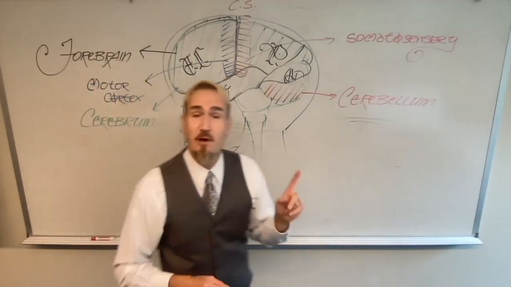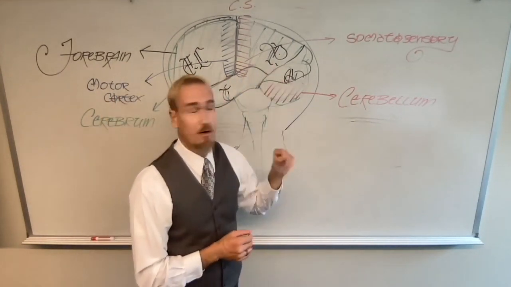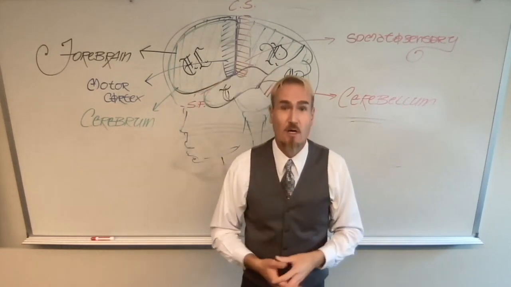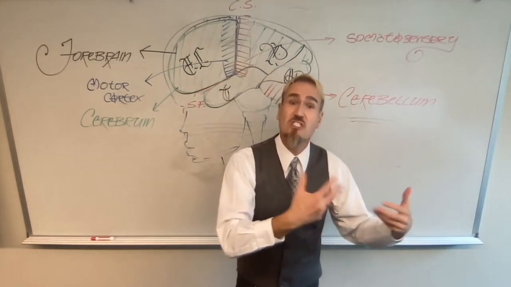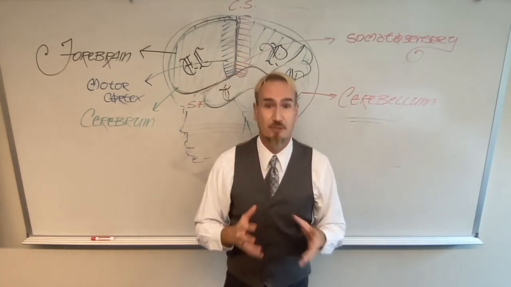If you do remember, I also mentioned Broca right here and Wernicke on the back, both connected to the way we communicate. So Broca in front has to do with speech production, and Wernicke right here in the back has to do with language understanding.